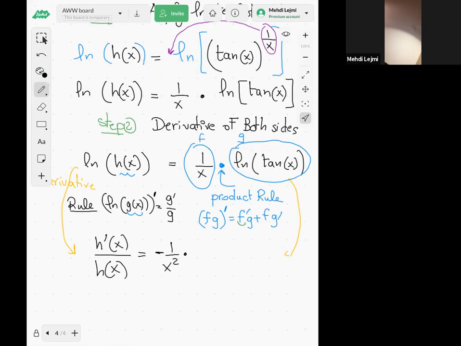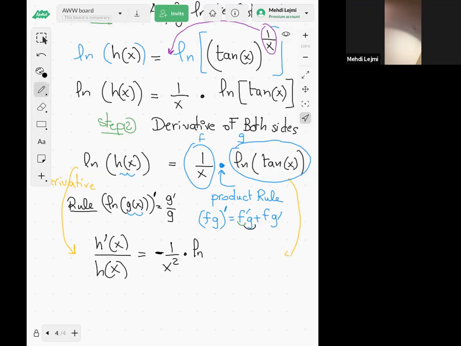If you move the x to the top, that will be x to the power -1, right? And so you have the choice here, either the quotient rule or just move the x to the top, that will be x to -1, and you apply the power rule. Now, f prime times g, right? So times g, that's the ln.